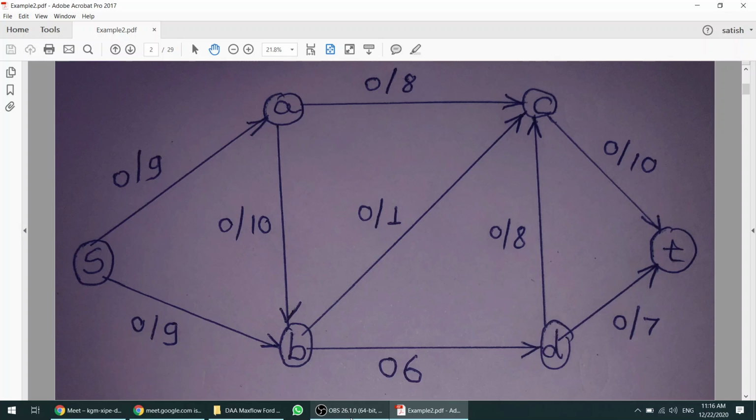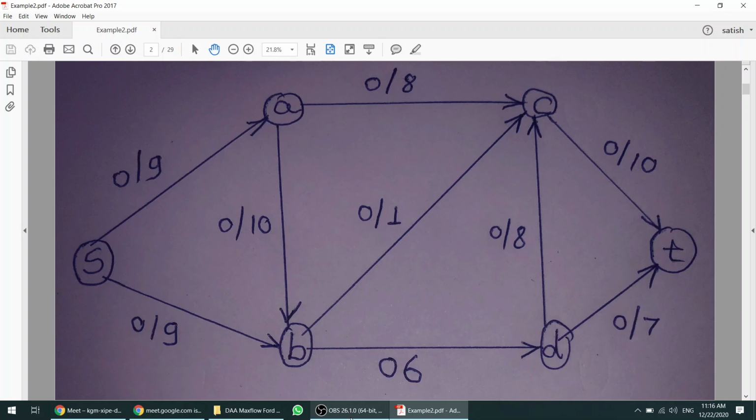S to A has capacity 9, then S to B again 9, then A to B capacity 10, A to C capacity 8, then B to C capacity 1, B to D capacity 6.